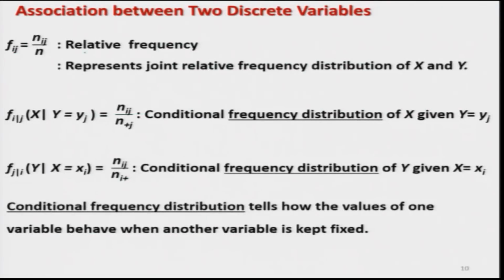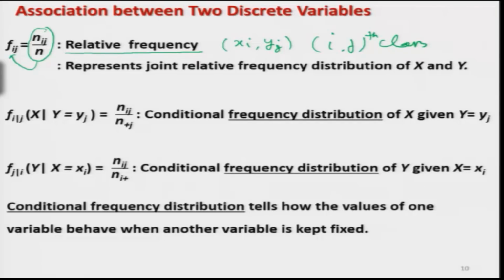You see, the relative frequency of any class corresponding to xi, yj, or the ijth class, will be obtained by nij upon n, and this is indicated by the symbol Fij. So, similar to the Nijs, now these Fijs will represent the joint relative frequency distribution of x and y.